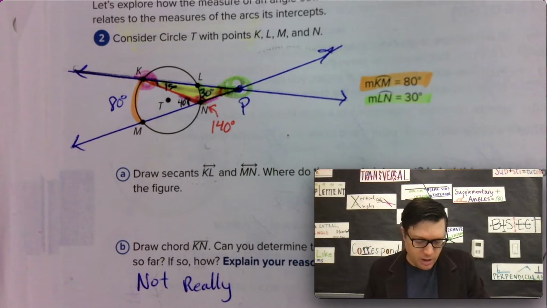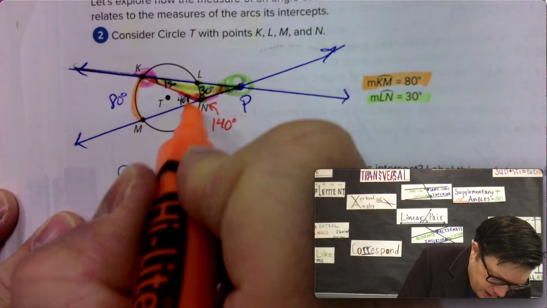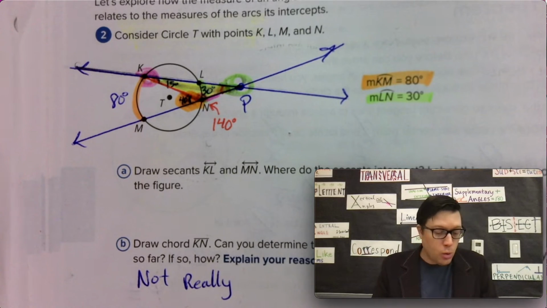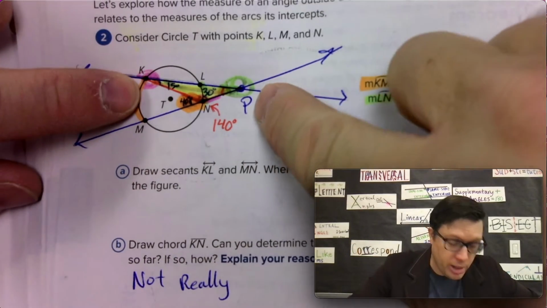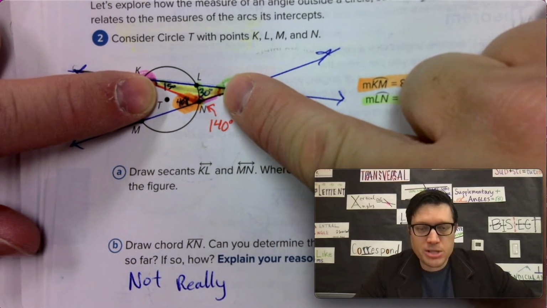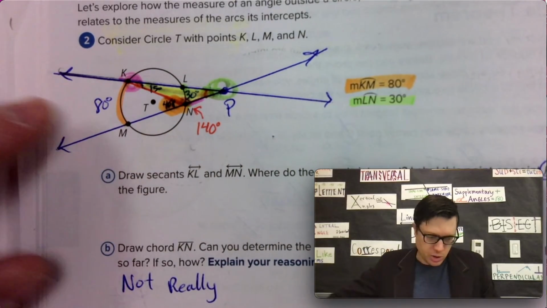And then last of all, orange, KNM. KNM is this one. Oh, okay. So green and pink are the remote interior angles that I was talking about, which means when you add their numbers together, they equal the exterior angle of the triangle.